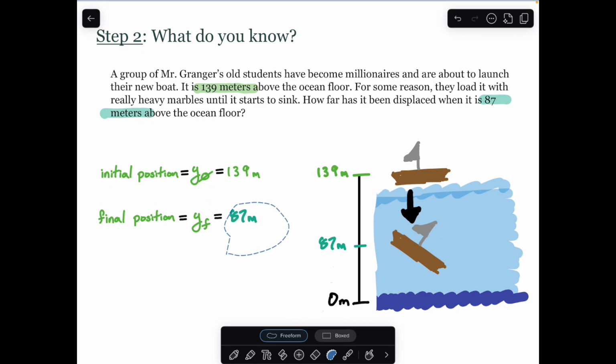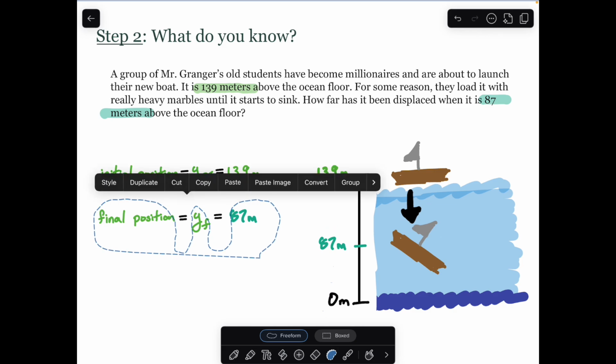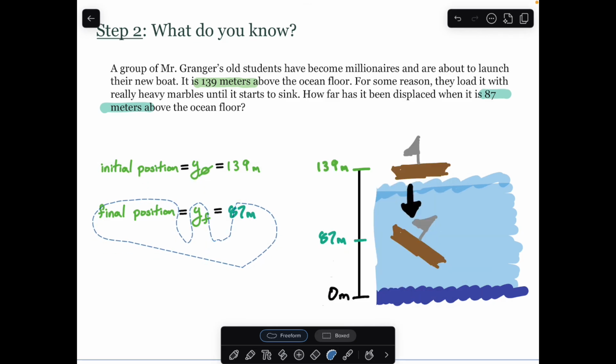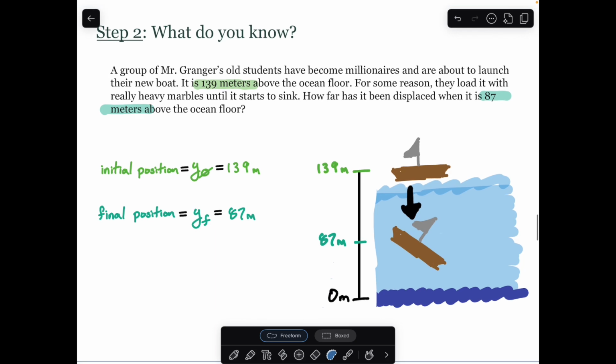Now, normally, I color code my positions the same, but for this one, I think it helps if I distinguish between initial position and final position with color coding. So we'll give final position this color. That brings us to the end of step 2, and I think I'm going to end this video here so it doesn't get too long.